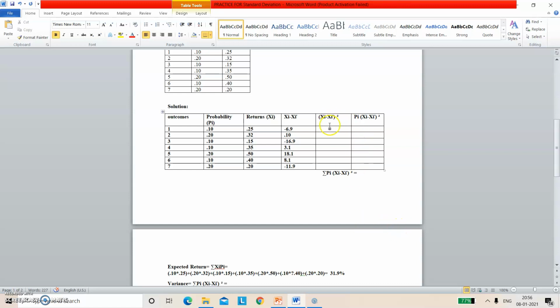Now we are going to square these, because as the formula says, first we have to find x bar, then xi minus x bar, and after that we square it.